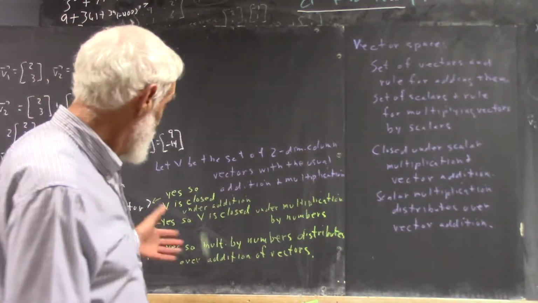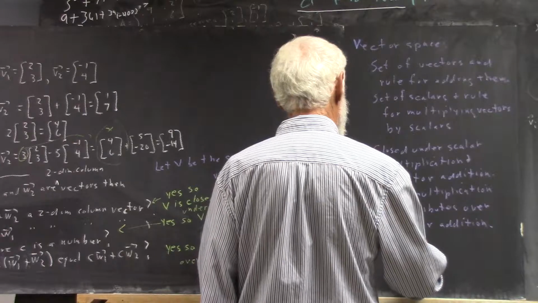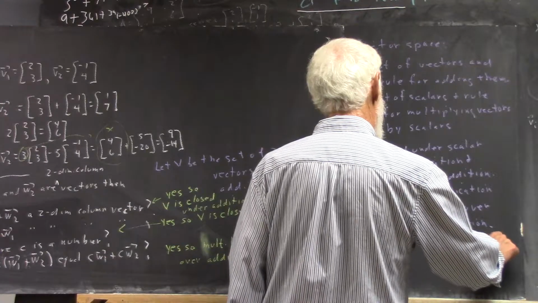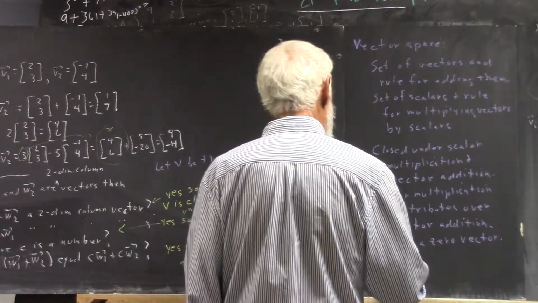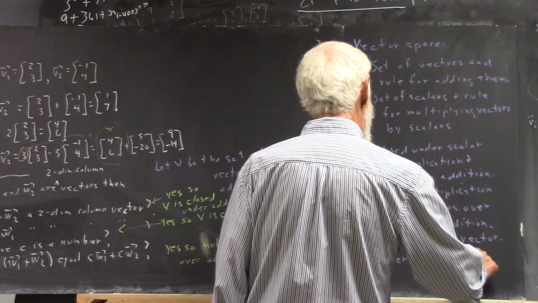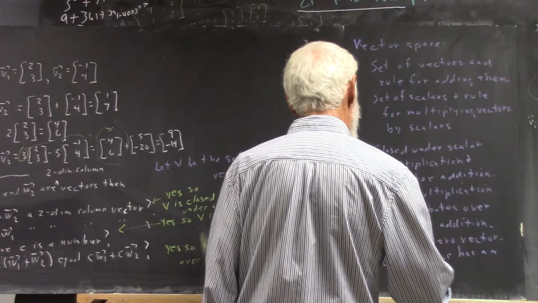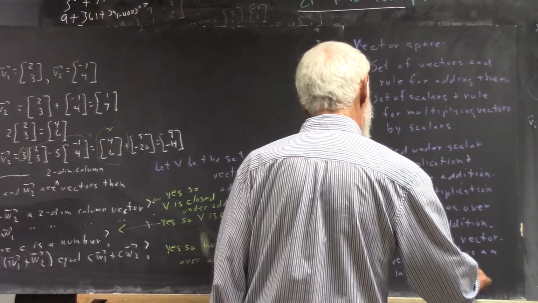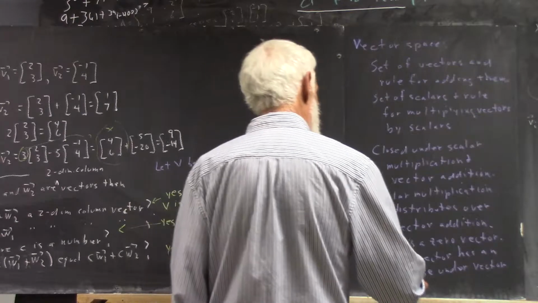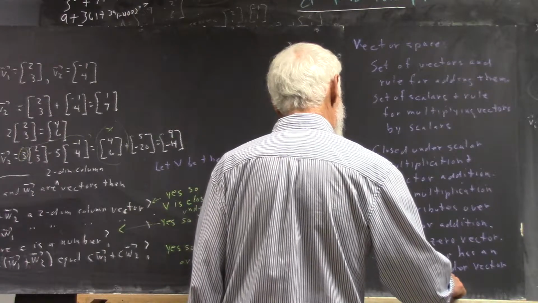Also, I didn't give an example of this, but there is a zero vector. And every vector has an inverse under vector addition.